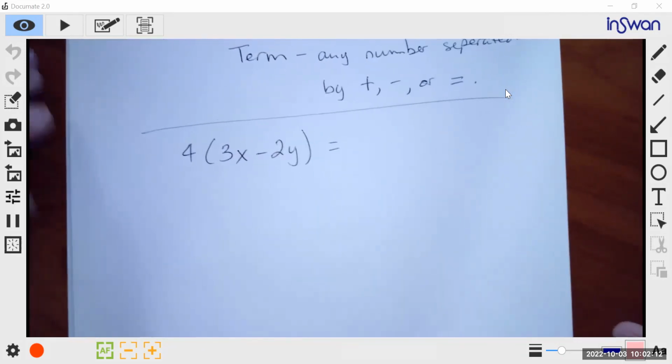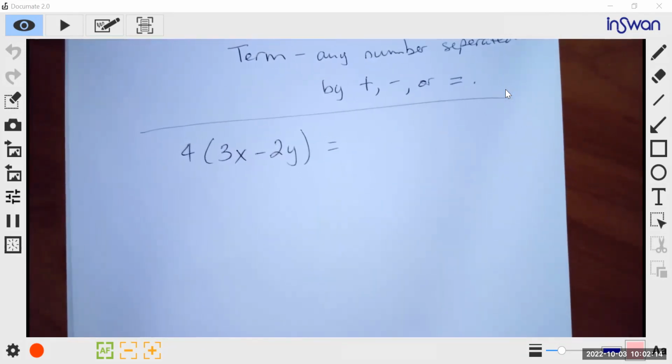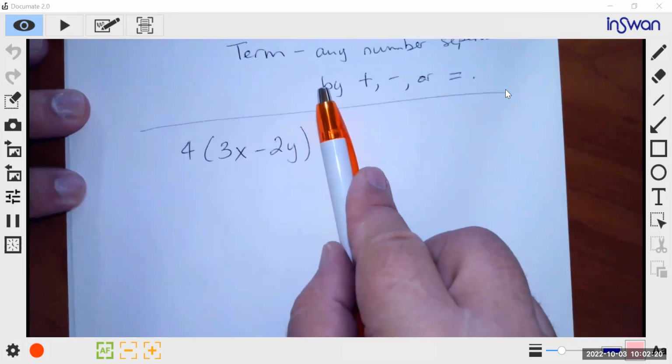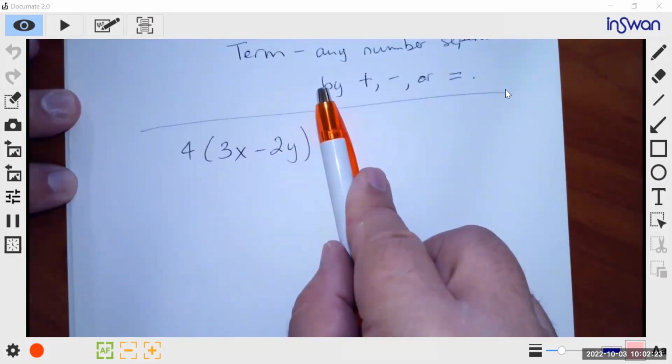Work this one out, or simplify this one. When you hear the word simplify, you know that there's no equal sign in there. It doesn't have to equal anything. It's just going to be simplified, combine like terms.